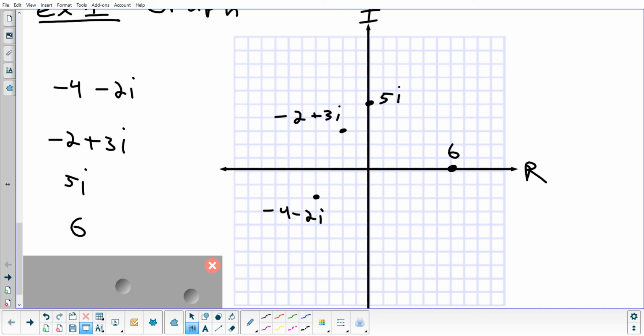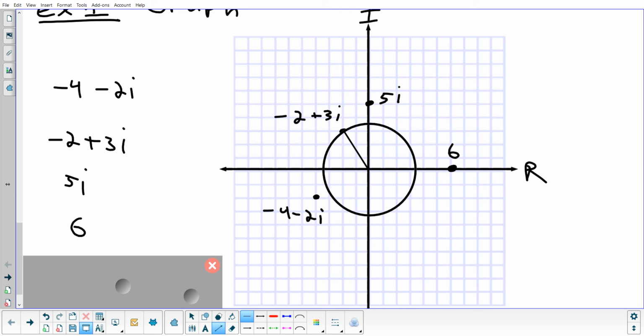Now, I know you might be looking at the graphing and thinking, that seems pretty easy. It is. But the point of the graphing is to show you something visually. Let's look at the point -2 plus 3i. That point has a certain distance from the origin.